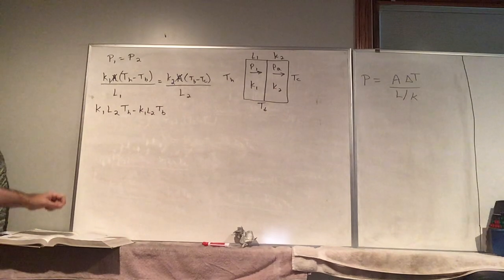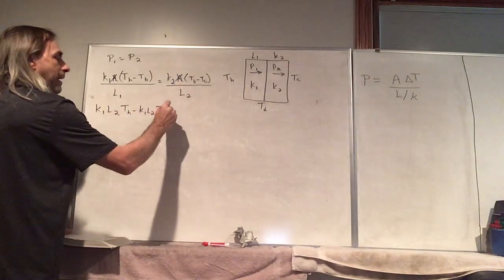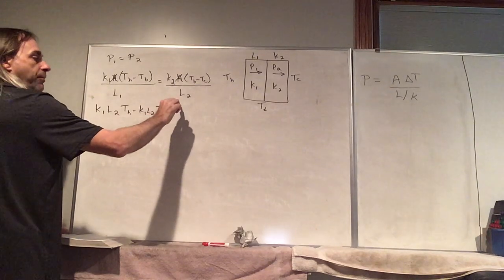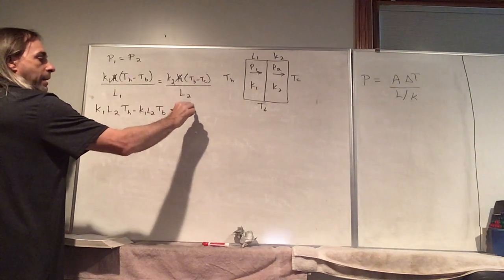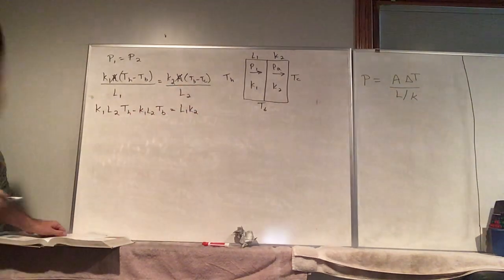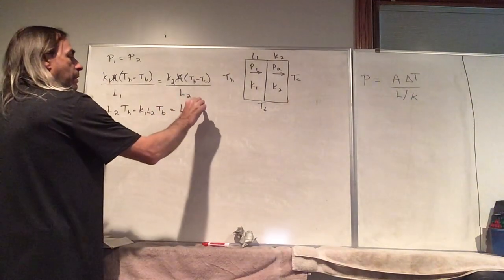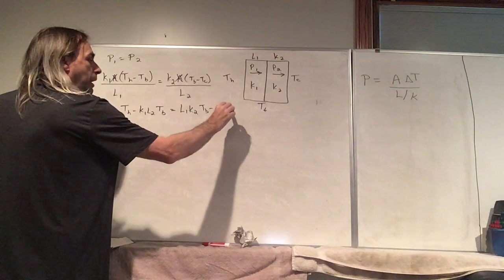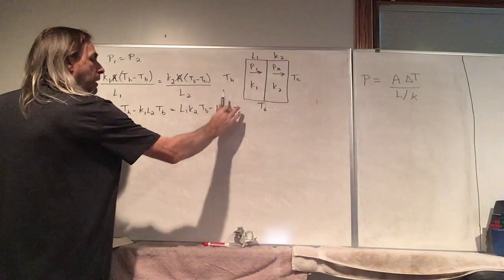So we have K1, L2. And then that equals, similarly, L2 is going to cancel out. We'll have L1, K2 times TB minus TC. So this would be L1, K2, TB minus L1, K2, TC.